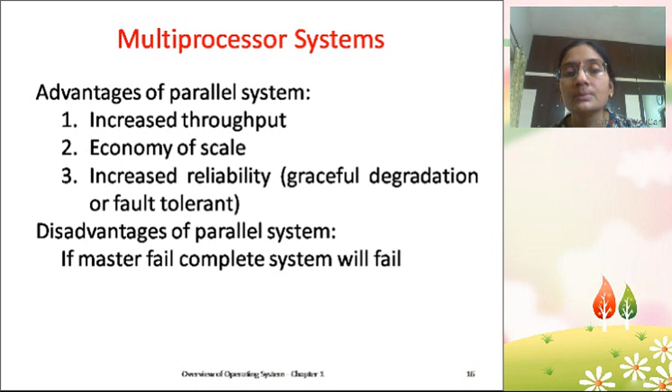Economy of scale: the resources connected to the multiprocessor system will be shared by all the processors, so this reduces the resource cost. And increased reliability means if any processor fails, the system will not completely fail. It will just reduce the performance. The disadvantage of the parallel system is that if the master fails, the complete system will fail.